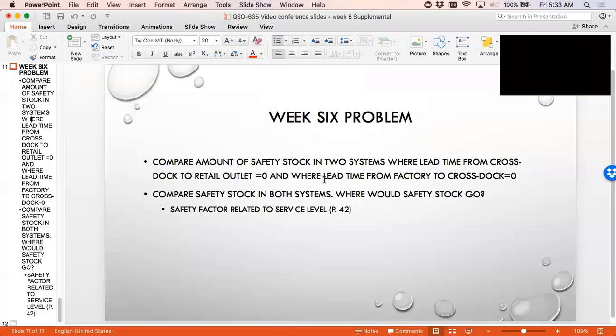So when we deal with this, what I always recommend for students to do is just draw this out. If you draw it out, it's going to look like this. Okay. You have a manufacturing facility, a cross-dock facility, and 2 retail outlets. In this example, you can view this as a normal warehouse or whatever.